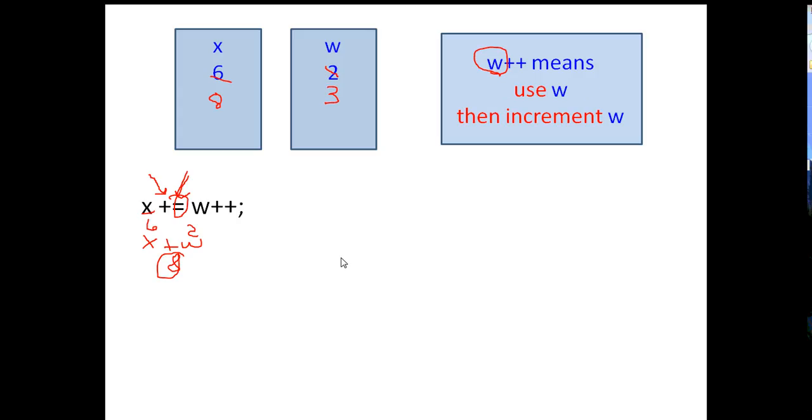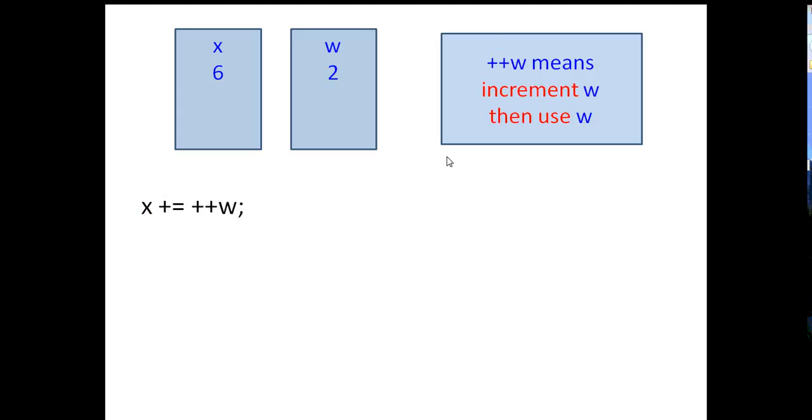Alright, then the next one. This is the last one, I believe. So in this one, it's the same type of problem, only it's a prefix increment operator here. So we're going to increment the w before you use it. Increment, then use, because the increment operator comes first.